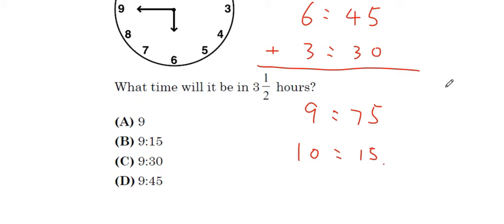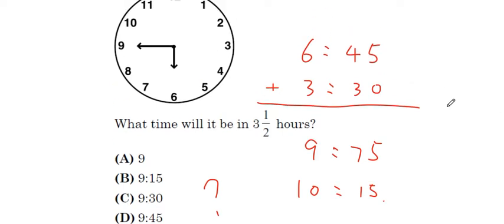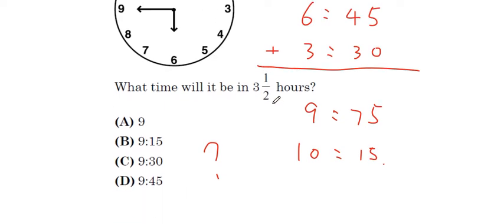I think the answer is not correct. Okay. So this says what time will it be in 3.5 hours? 3 hours to go to 9. So if 3 hours, yeah. So 9:45. But have a half hour. Okay. So this should be thus, I think.